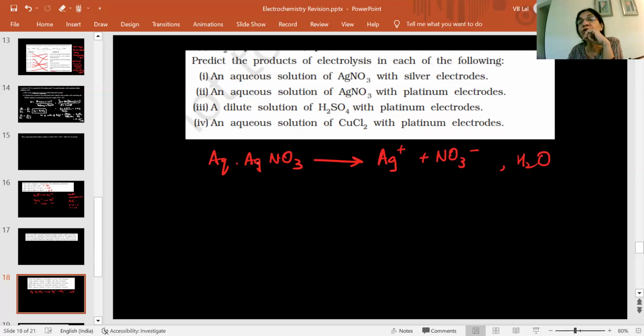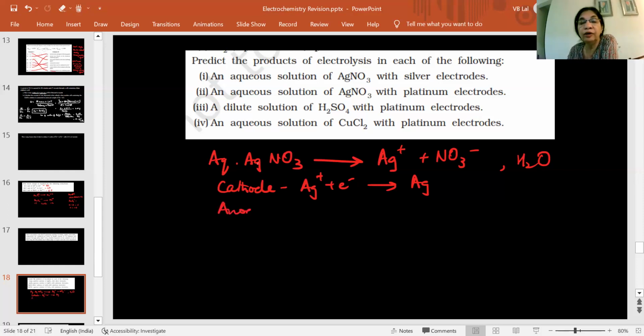Now, if the electrode is silver electrode, then cathode reaction is very easy. Silver has a high reduction potential. So at cathode silver will get Ag+ plus e- will give you Ag. So at cathode you will get silver. Silver will get reduced because the reduction potential of silver is higher than the reduction potential of water. So hydrogen will not be formed, silver will.